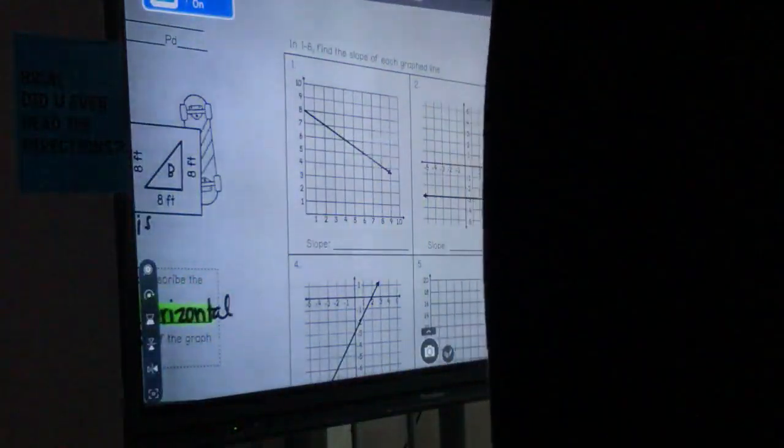You don't need the y-intercept because we're not finding y-intercept. Oh, we're just finding slope.